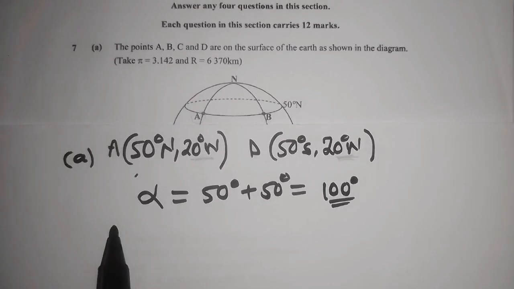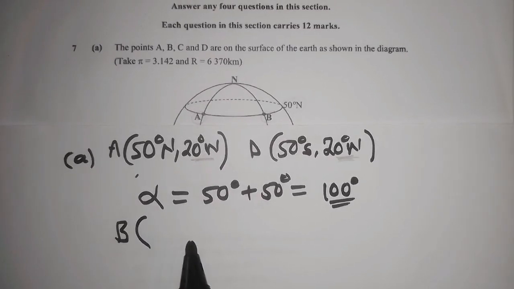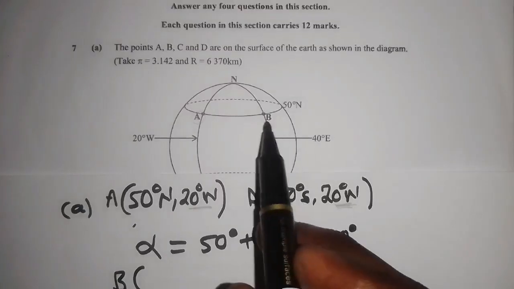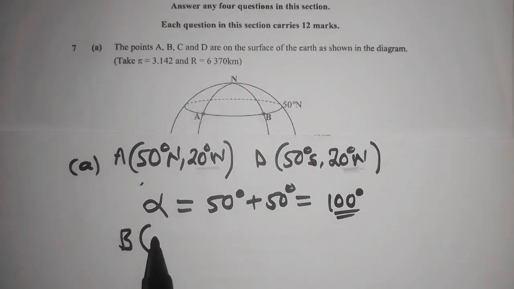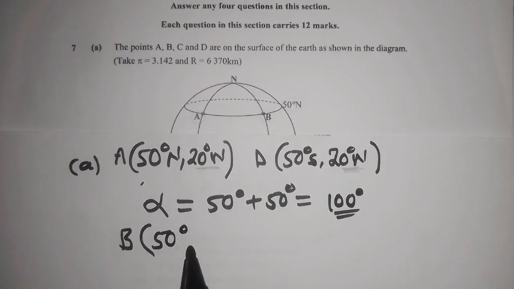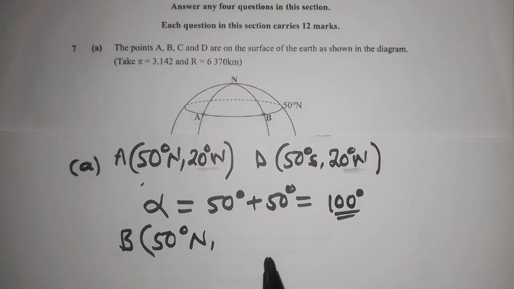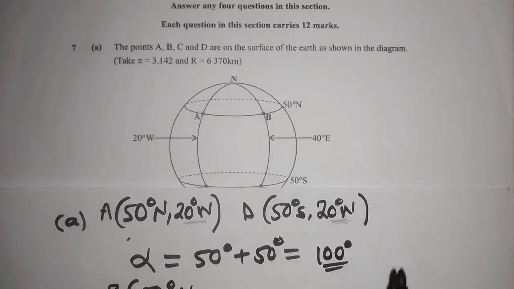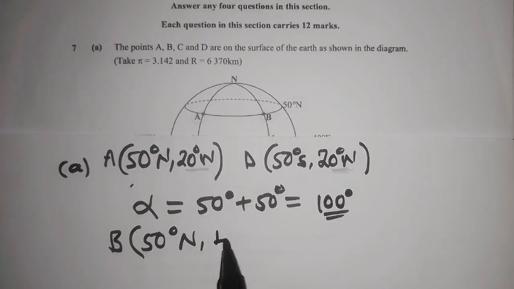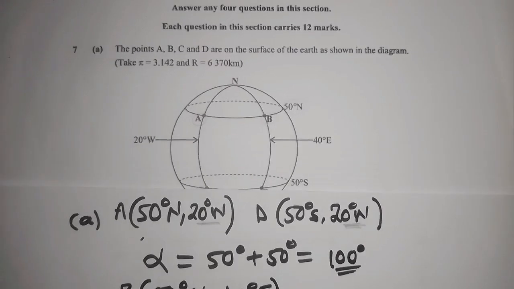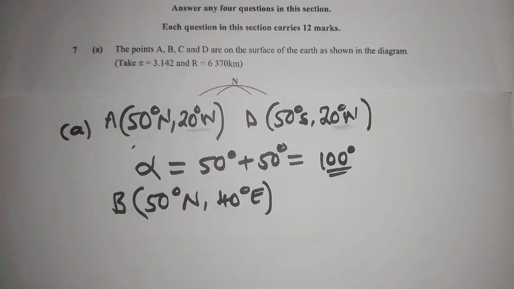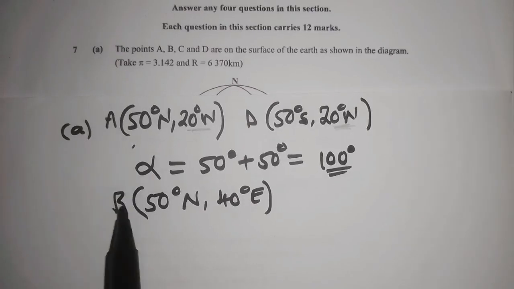We know B is 50 degrees north, and then we have this longitude 40 degrees east. The distance we are calculating is between A and B.